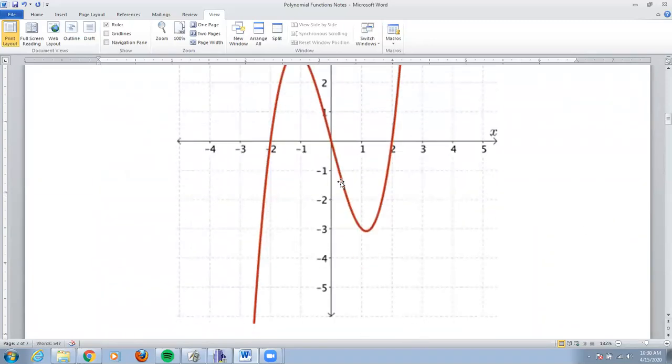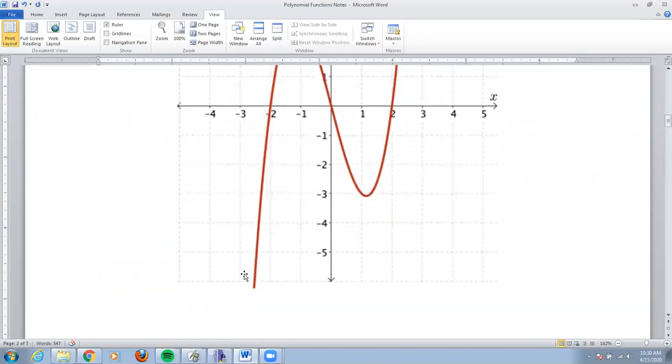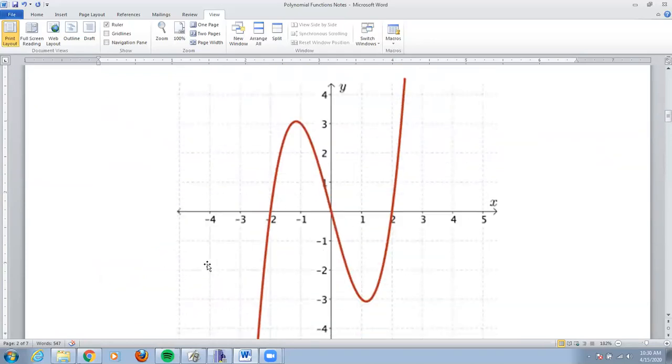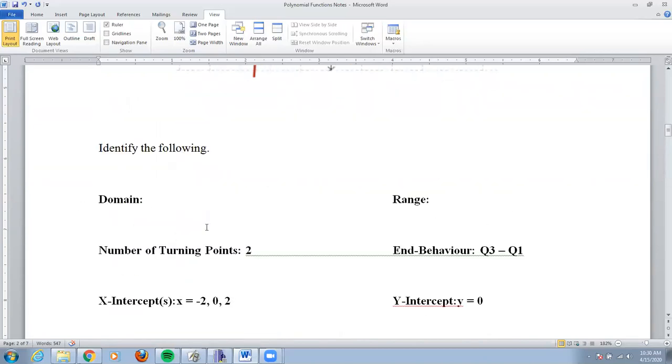The domain of this, again on the x, if we imagine there's arrowheads here and here, we would notice that it goes all the way from negative infinity to positive infinity. And it never touches negative and positive infinity. So again, we have round brackets for not touching and square brackets for touching.